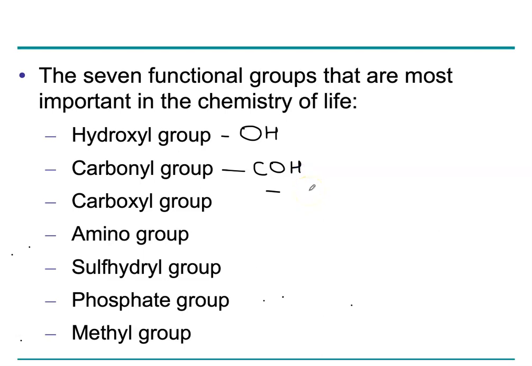If the COH is terminal, then it is called an aldehyde. And if it is non-terminal, it is a ketone. The carboxylic group is C double bond OH. So it is double bonded with O, and then it has an OH attached to it.